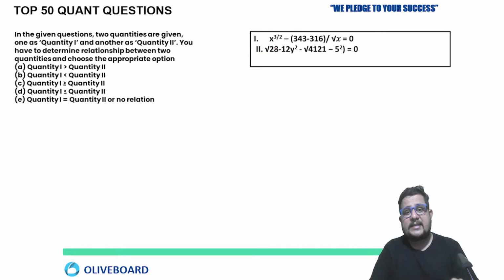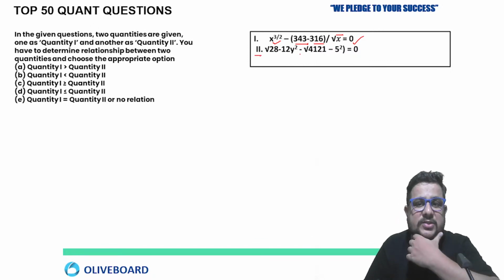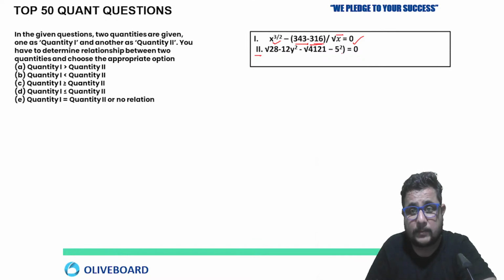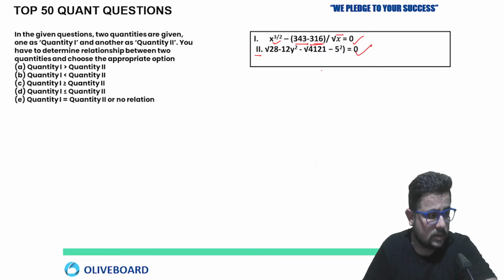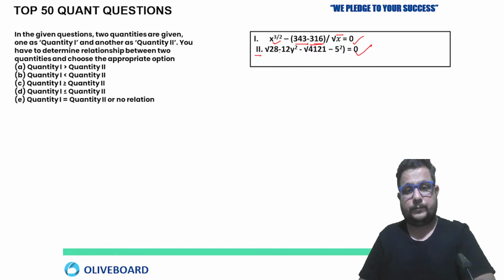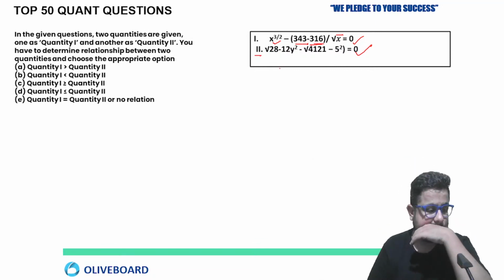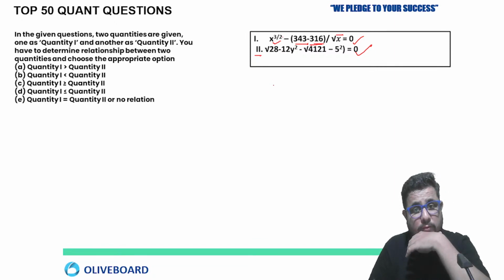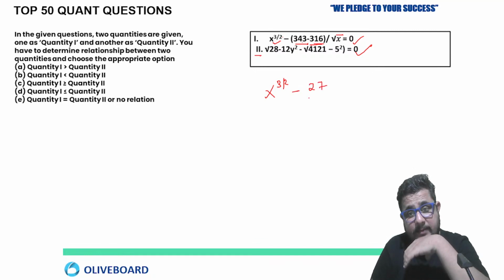Now the next one: x to the power 3 by 2 minus 343 minus 316 by root x equals 0. Second: square root 28 minus 12y square minus square root 4121 minus 5 square equals 0. So tell me the answer of this one now. X to the power 3 by 2 is given here, minus 343 minus 316, so that is going to be 27, by x to the power 1 by 2.